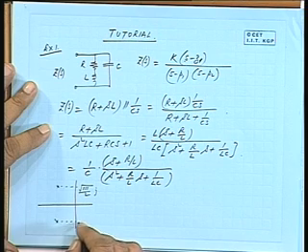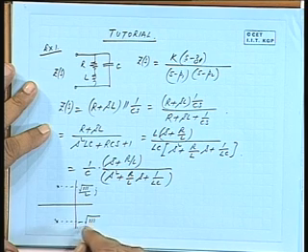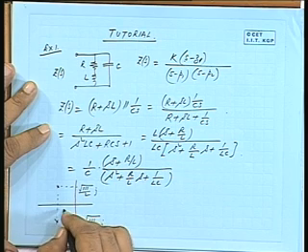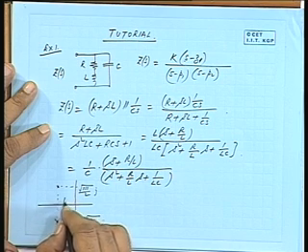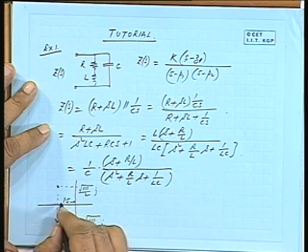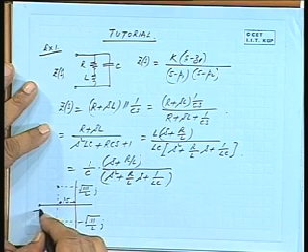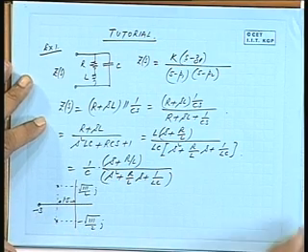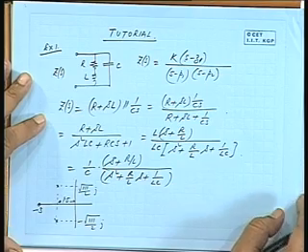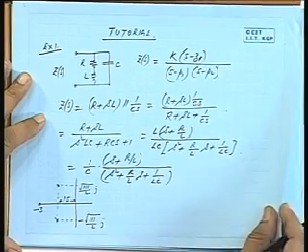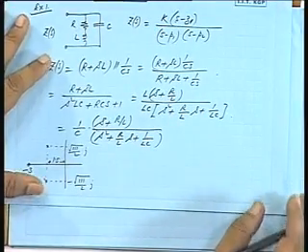This is minus root 111 by 2 j, and the real part is 1.5, 3 by 2, and the 0 is at minus 3. So, compute the values of R, L and C.